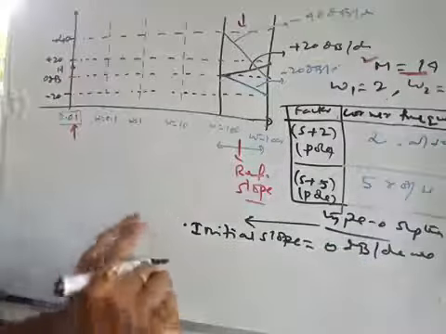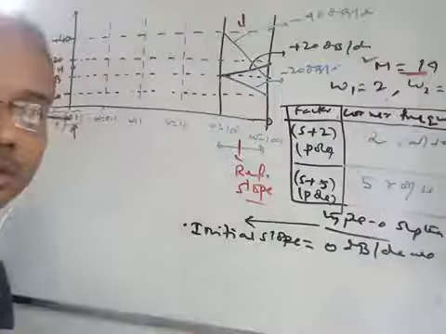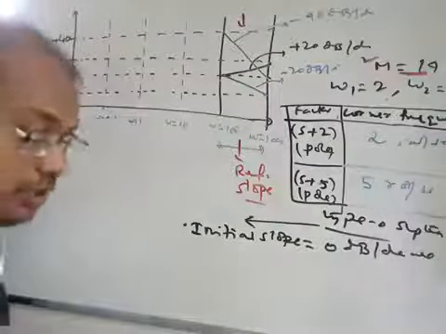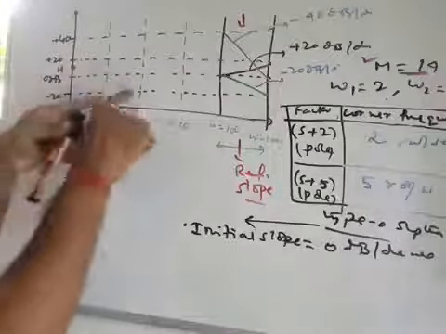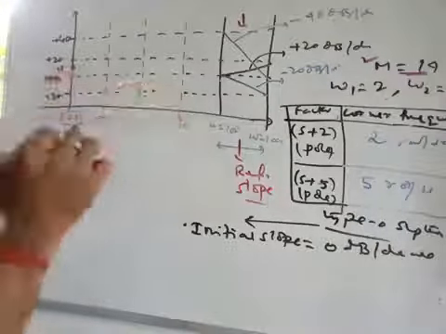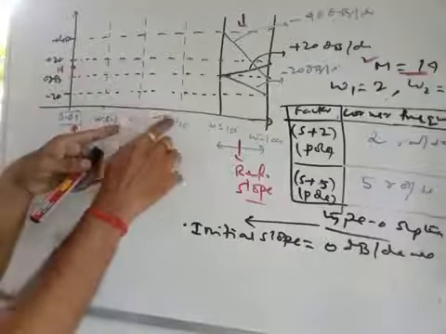Type 0 means the initial slope is 0 dB per decade. What does this term 0 dB per decade mean? You can consider any decade, for example from 1 to 10.